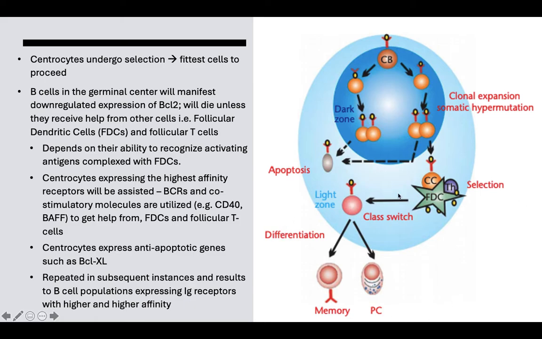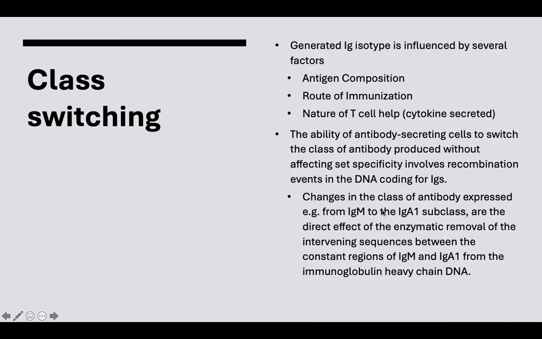Now let's proceed to the succeeding step of class switching, antibody class switching. We expect the generated Ig isotype by our plasma cells is influenced by different factors.